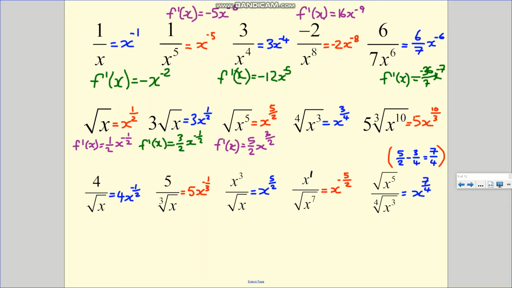Okay, the next one, again, 3/4 comes down. I'm going to be taking 4/4 away because that's the same as 1. So I've got 3/4 here. Oops. Getting a little bit messy. And my power is going to be 1/4 into the negatives. So negative 1/4.